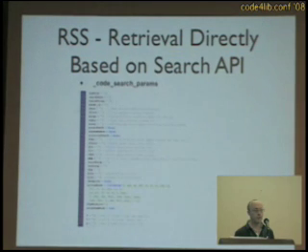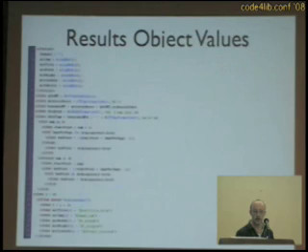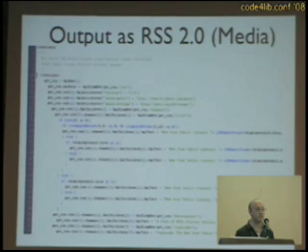We're doing this by querying our search API directly. We take the results, put them into a series of arrays, and output it as RSS 2.0 with the Yahoo Media RSS extension. This lets us point back to image URLs for items, and we basically modeled this on what Flickr looks like when they push out images.